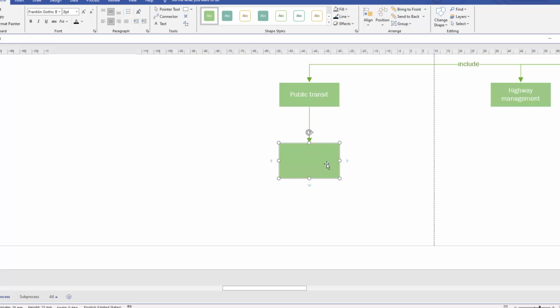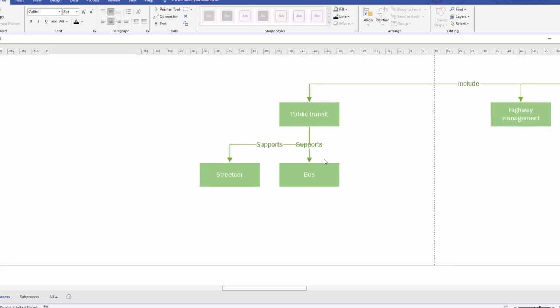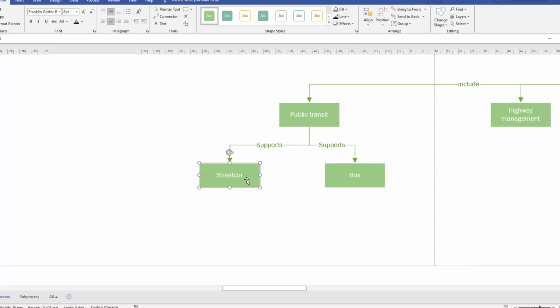And again, you can either consider the types of transit or you can list them. So this municipality supports buses. What else does this municipality support? Perhaps it has streetcars. So we understand what are the different types of transit that the municipality supports.